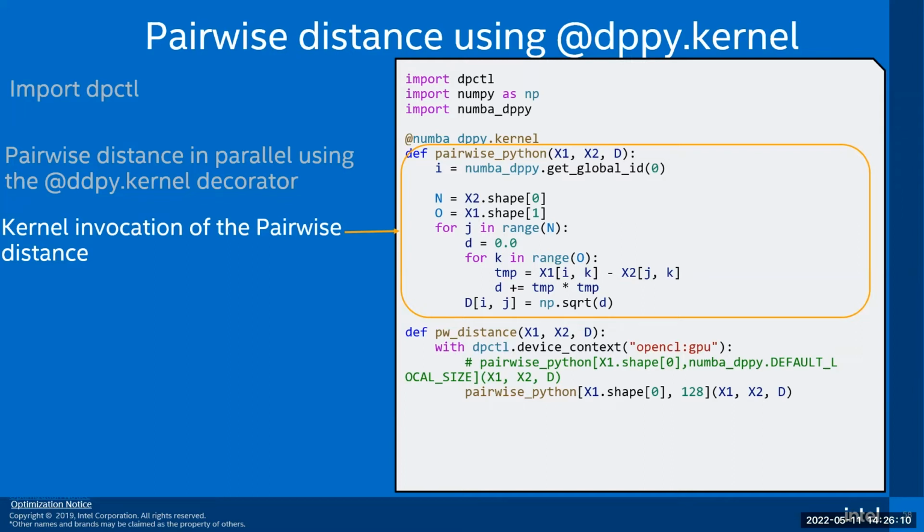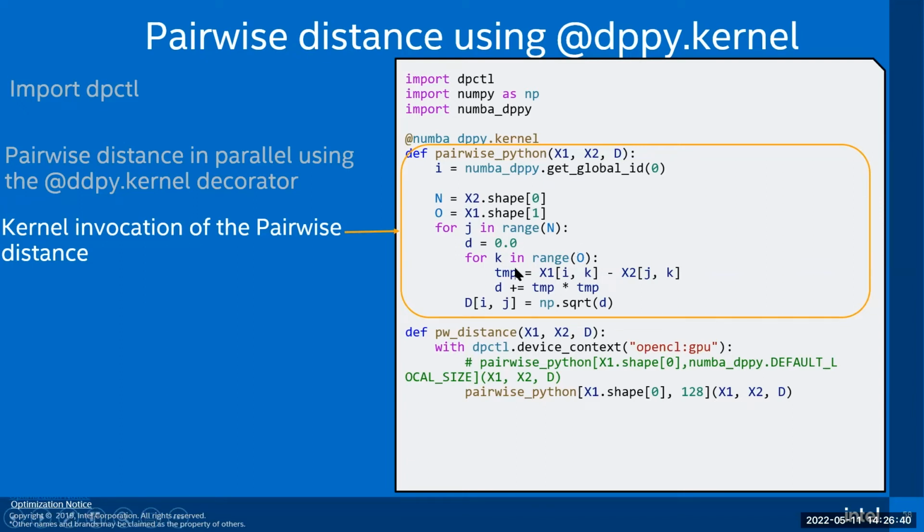We get the shape of X1 and X2, shape of 1, so we get the total number of elements for shape X2, and we loop through the total number of elements in X2 and calculate the distance matrix. So for each element in X2, it computes the pairwise distance corresponding to all the elements.